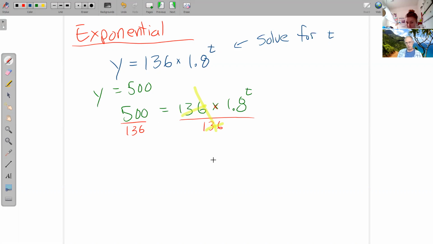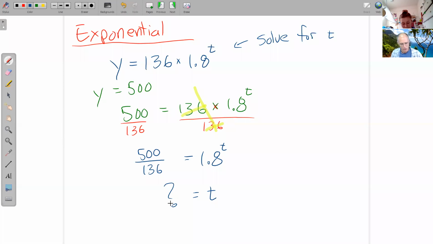So on the other side, I've cleaned it up. I now just have 1.8 to the t. But how the heck do I get that exponent out of the exponent position? Because I want this to say t equals and then stuff on the other side. And so this is what we need to learn right now. That's what this lesson's about. How the heck do we get that t out of the power? So we'll come back to this. I'll pause there in case anyone's writing frantically.